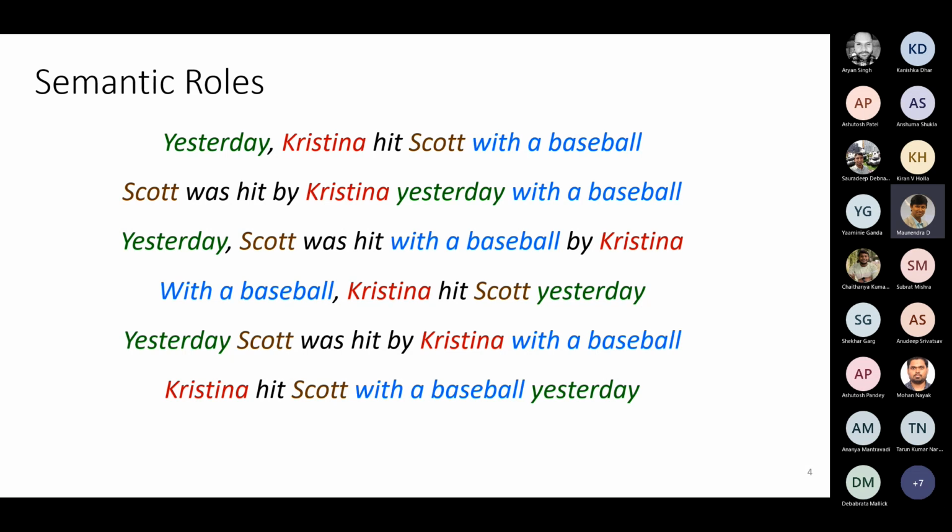Now, when people talk about, say, NLIDB kind of approaches, natural language interfaces for databases, somebody gives a query in natural language form, and that gets converted to a corresponding SQL form.